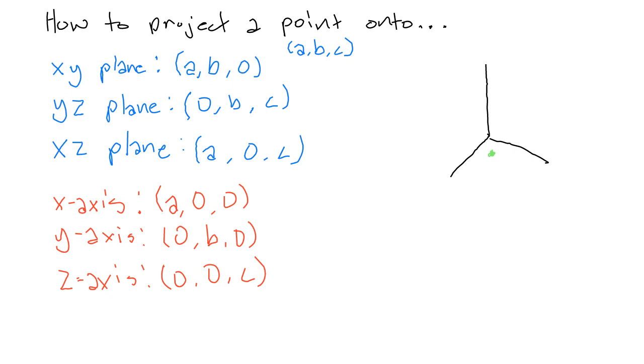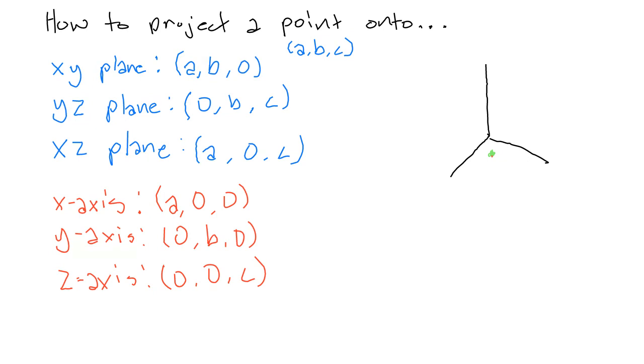Now we have to think almost backwards to what we did earlier when we drew our plane. We know we have to be some distance away from our x-axis. Or well, first of all, going back with our z, we have to be some distance down.